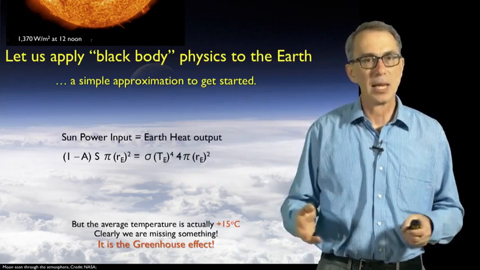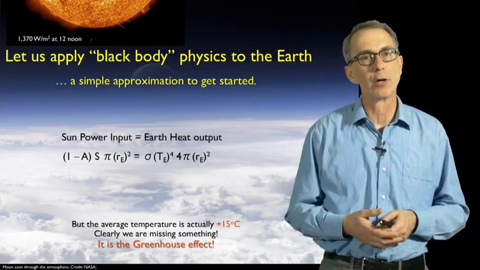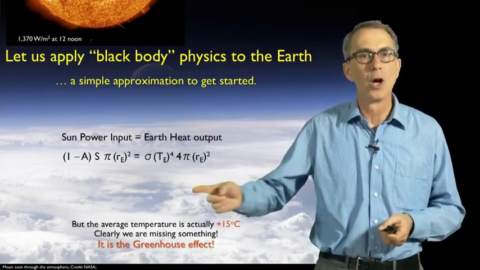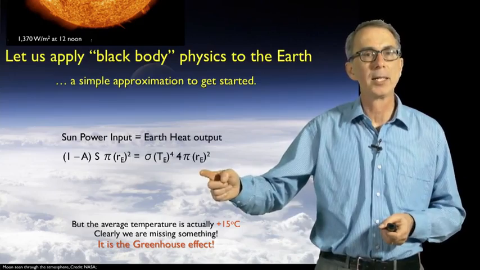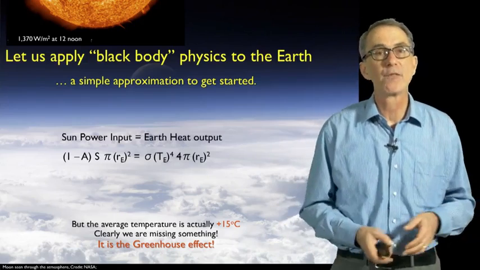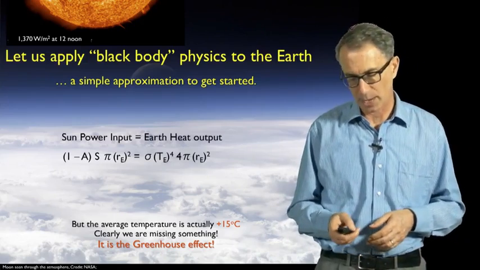And that's then multiplied by the total surface area of the Earth. And the Earth is essentially a round ball of radius RE, and the surface area of the Earth is 4 times pi times RE squared.